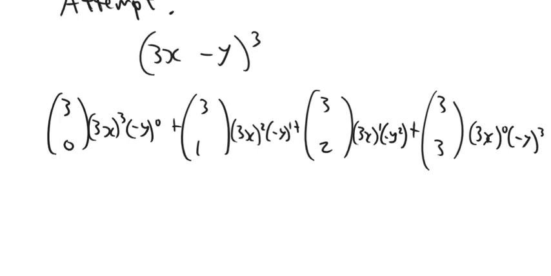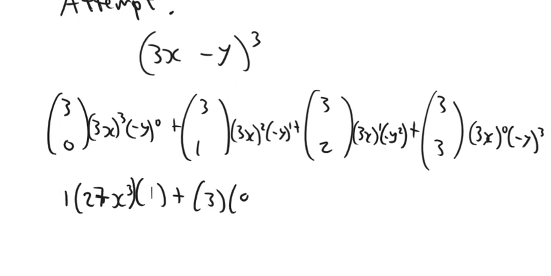Yep. So 3 choose 0, that'll just be 1. 3x cubed will be 27x cubed, and then it's just times by 1, because minus y to the power of 0 is 1. 3 choose 1 is 3.